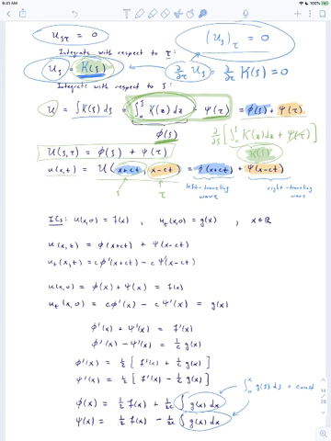Notice that phi and psi are each functions of one variable. So when we compute the partial derivative of u with respect to t, we need to use the chain rule, but we're differentiating these functions of one variable. So the derivative of this term is going to be phi prime evaluated at whatever's inside. But then of course we have to multiply by the derivative of what's inside with respect to t. So the derivative with respect to t of x plus ct, that's where the c comes from.